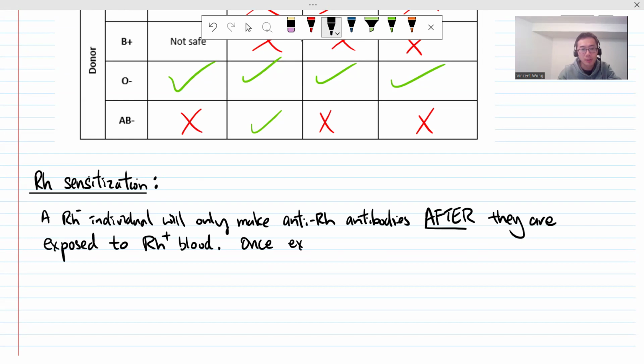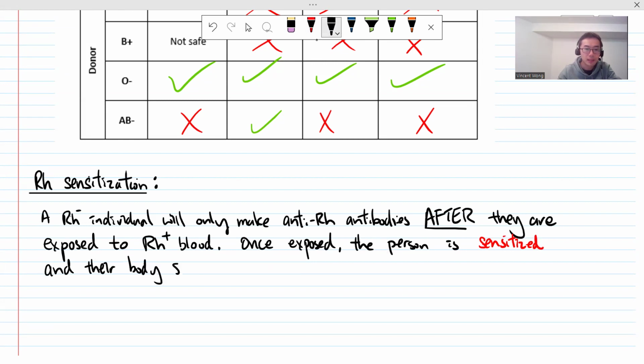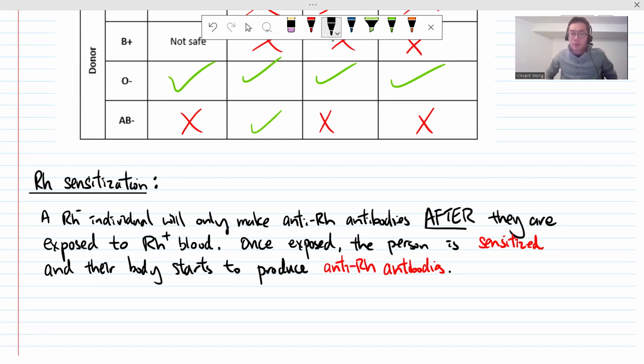Once exposed, the person is sensitized, and their body starts to produce anti-Rh antibodies. Okay, copy that down first. I will explain more.